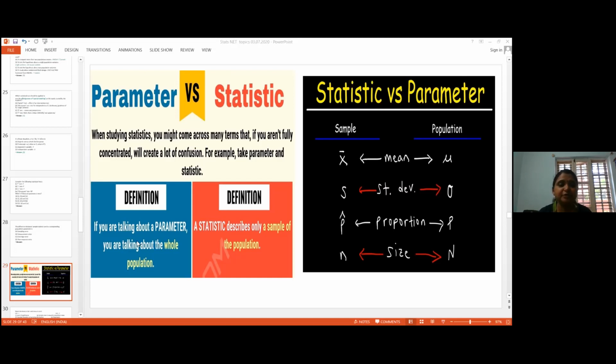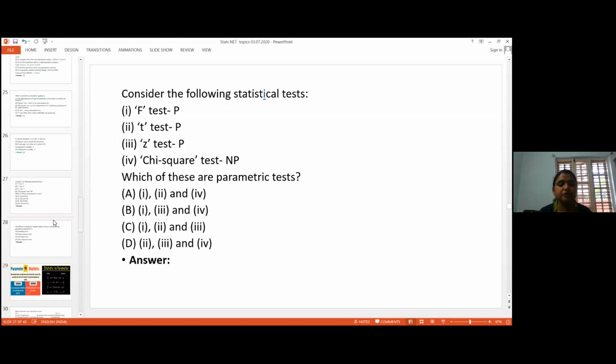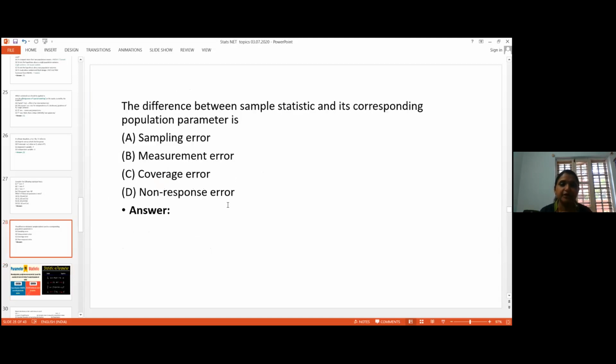Now the difference between them occurs just because of sampling error, not because of measurement error at all, nor coverage error. Any difference that we expect from something calculated from a sample can be due to sampling error. The difference between sample statistic and the population parameter is basically due to sampling error. Measurement error, coverage error, non-response error cannot be considered as the difference between population and sample.